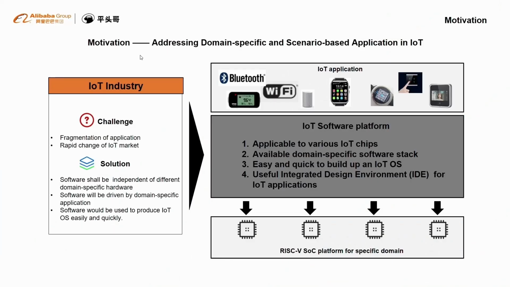As the IoT industry is evolving, there are challenges we see coming up. First, the application fragmentation. We have seen a tremendous amount of applications emerge and become popular. Each niche market puts on some special requirements for the IoT hardware.